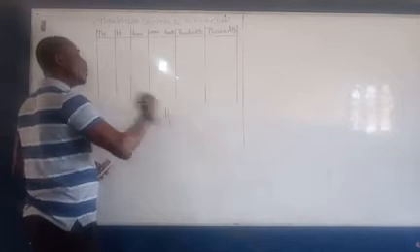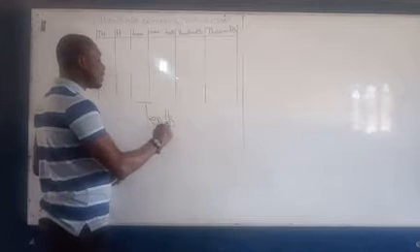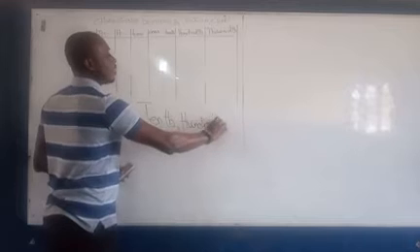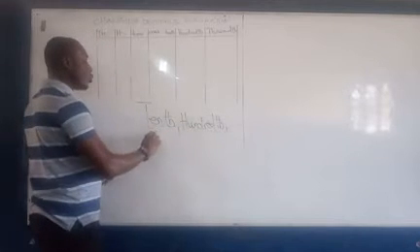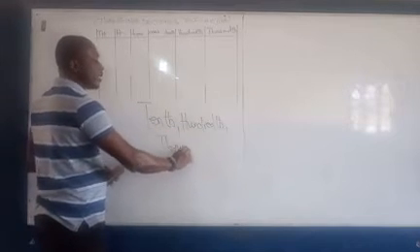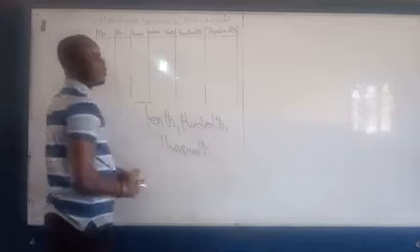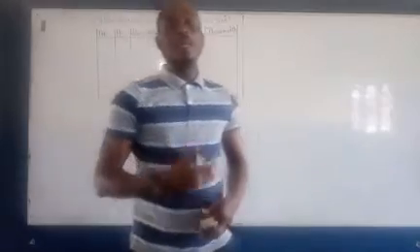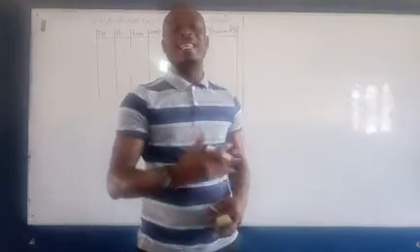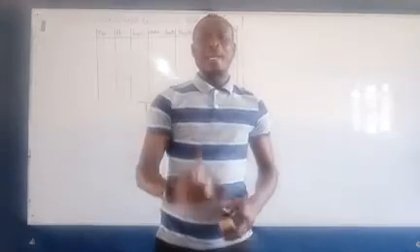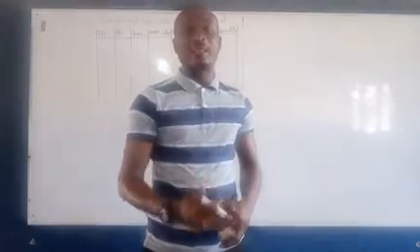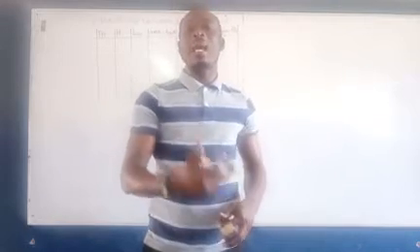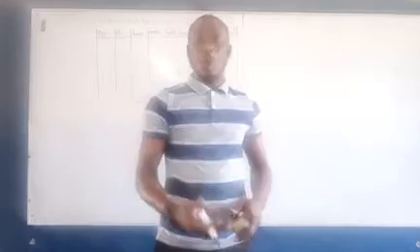Then after tenths, we go to hundredths, then thousandths, and so on and so forth. So the right hand side is where we specifically keep the decimal values, beginning with tenths, hundredths, thousandths, ten-thousandths, hundred-thousandths, millionths, and so on.